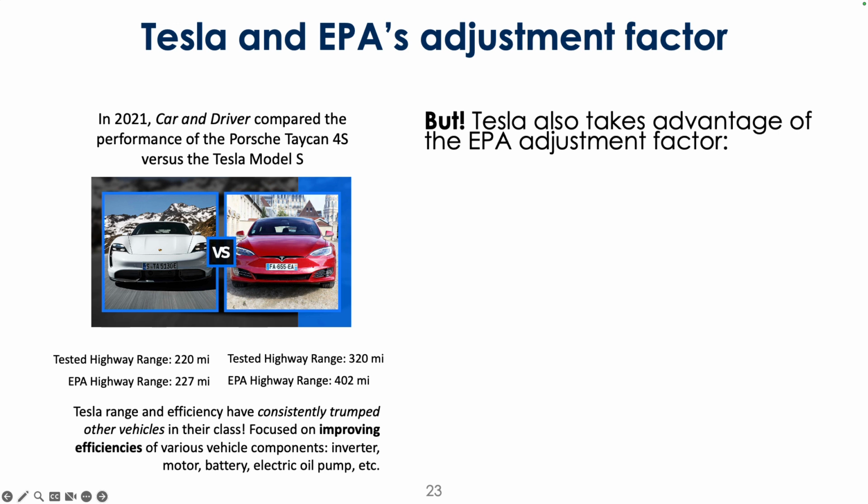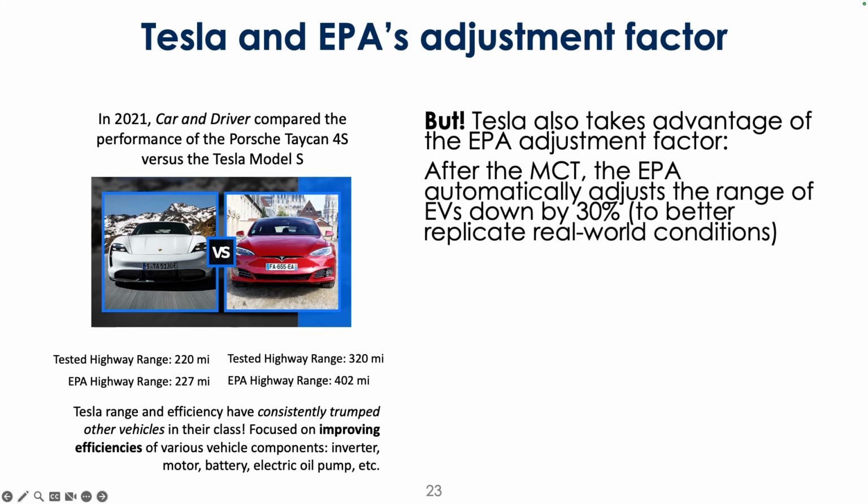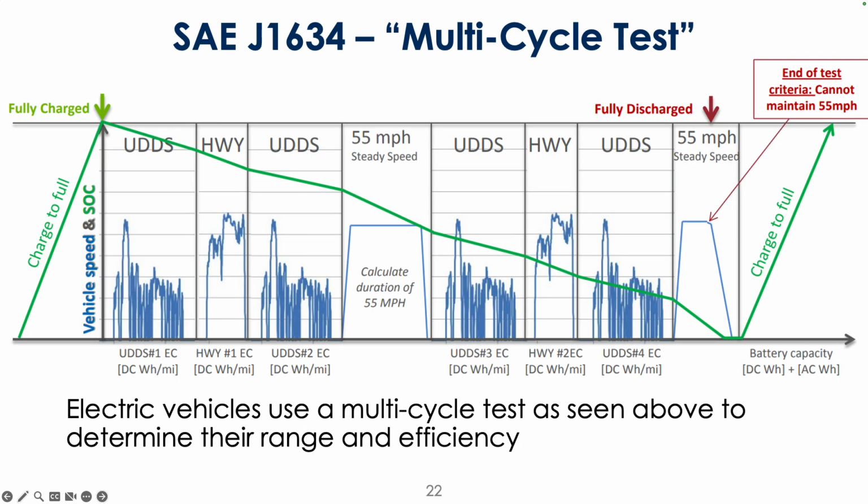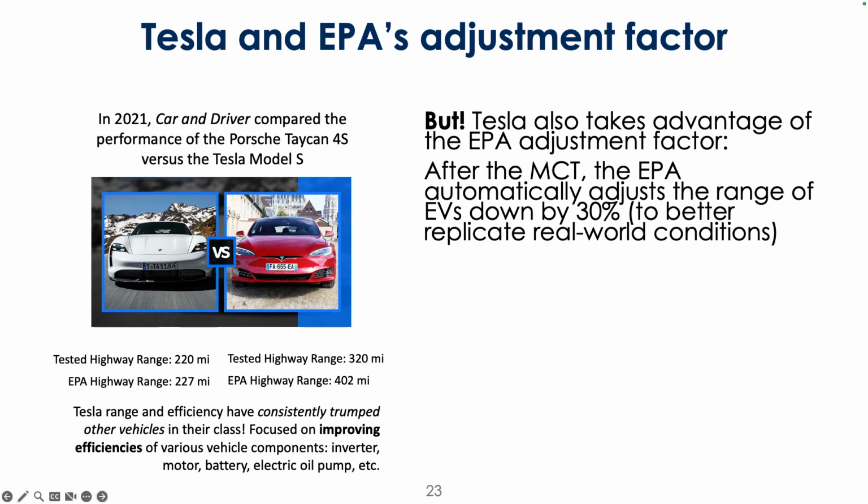In fact, Tesla takes advantage of an adjustment factor that the EPA offers any manufacturers of electric vehicles. After the MCT, which is the multi-cycle test that I was describing before, the EPA will automatically adjust the range of electric vehicles down by 30%.